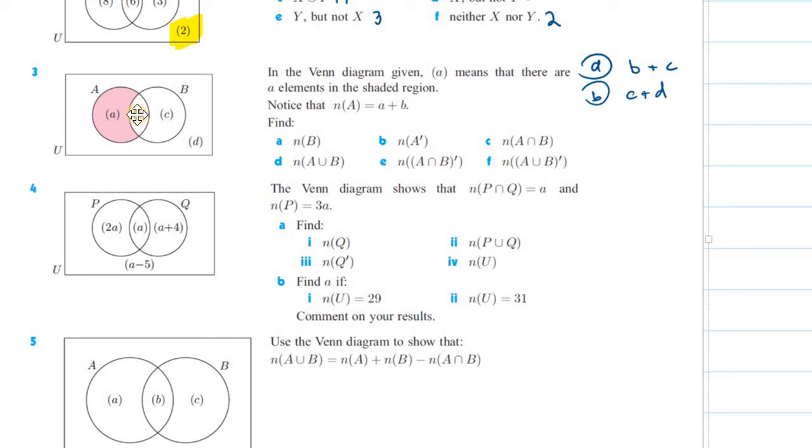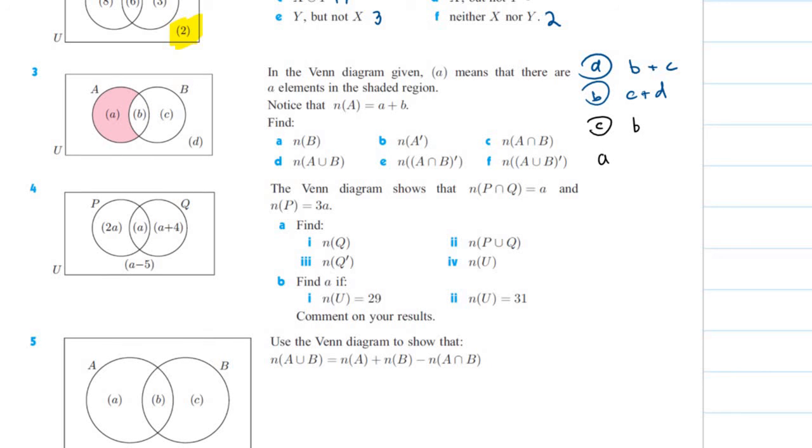For C, if we want the number of items in the intersection, well, remember the intersection is only right here. So we would only have this little area to represent. So that would be B. For part D, if you had A union B, that's the 3 locations.